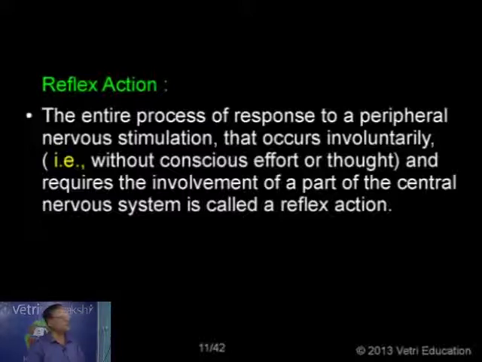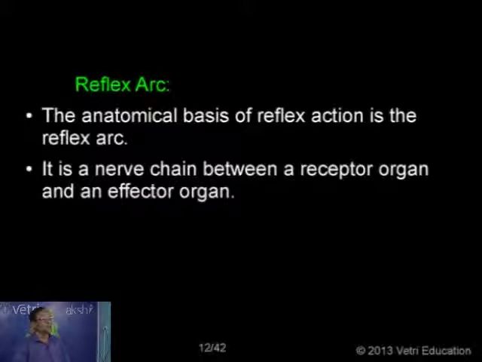Because of the peripheral stimulation, that is the impulses or stimuli coming from the external environment, stimulating the peripheral nervous system, here nothing but the nerves carrying the impulses towards the brain or spinal cord, the action is done without any consciousness.